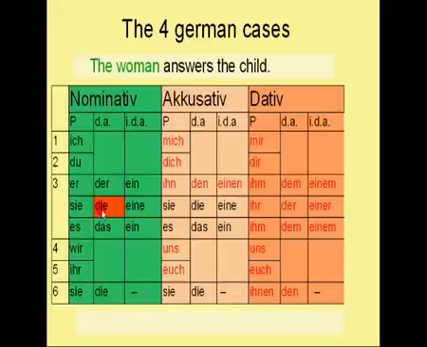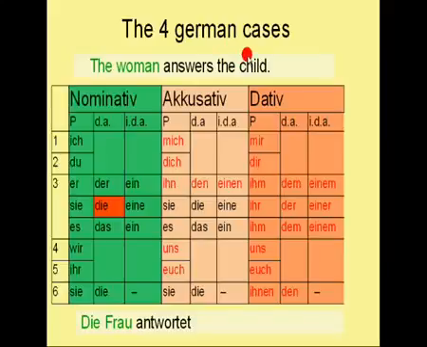Therefore we look for the definite feminine article in German. It is die. And do you remember what woman means in German? Woman means Frau in German. Therefore the sentence starts with die Frau antwortet, antworten being the conjugated verb in German for answer.